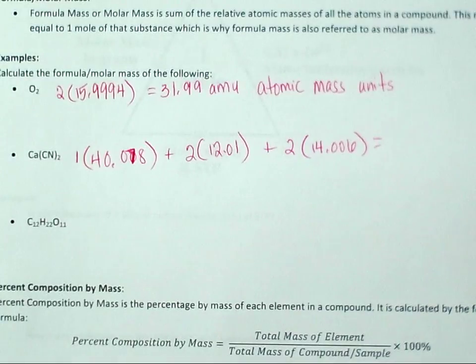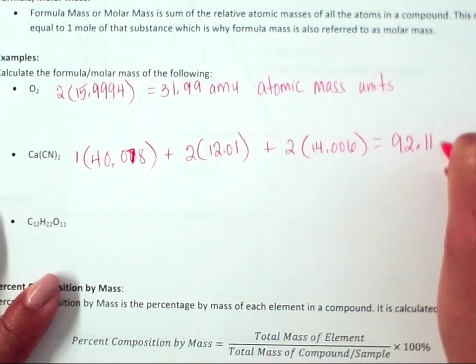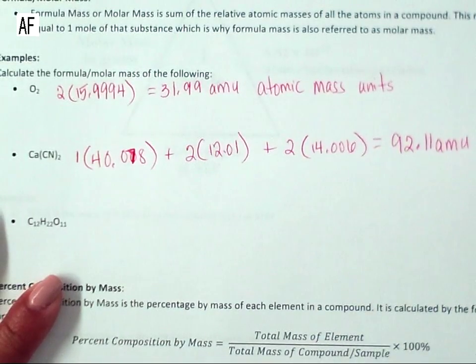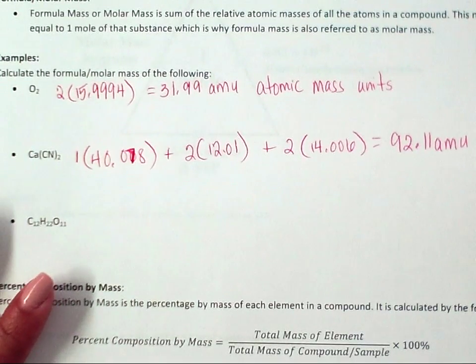Okay? Now, it's important that you know how to punch it into your calculator. But I think you guys are perfectly capable, so I'll go ahead and give you the answer. This is the easy stuff. I'm not concerned about you guys knowing how to do this. Like, you literally would just add up every single atom that's within the molecule or compound.